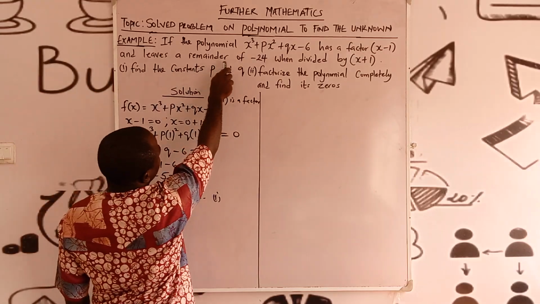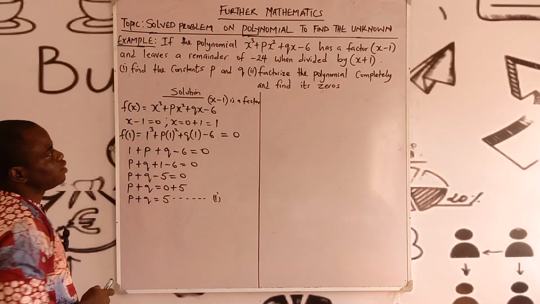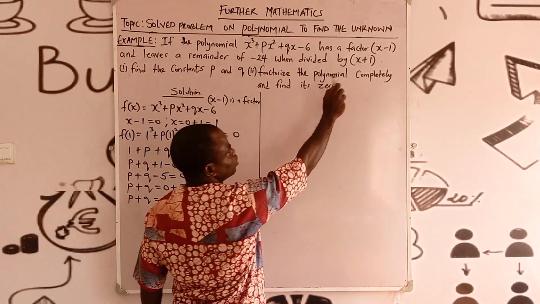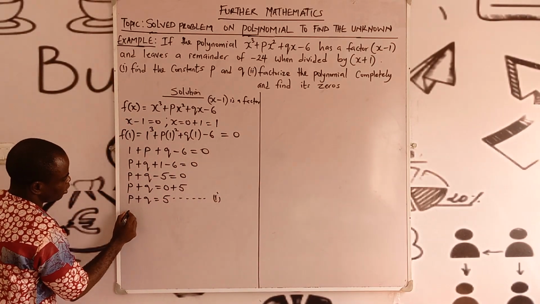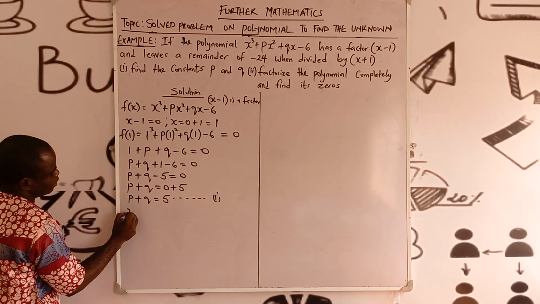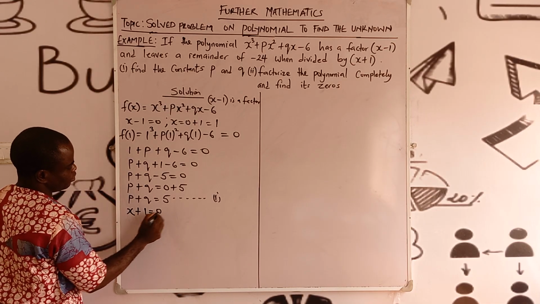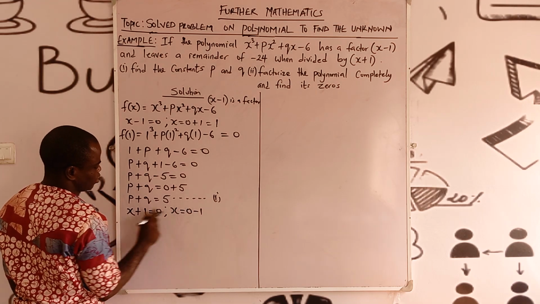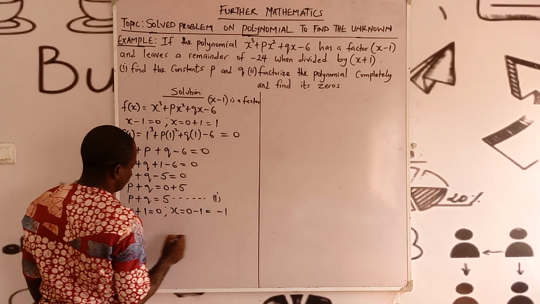Let's see the second condition: it leaves a remainder of minus 24 when divided by x plus 1. We are not told there is a factor here. What we need to do is say x plus 1 equals 0, so x equals 0 minus 1, which is minus 1.